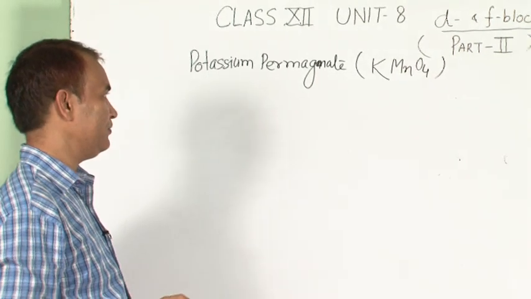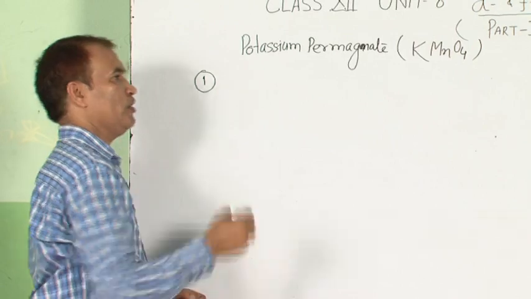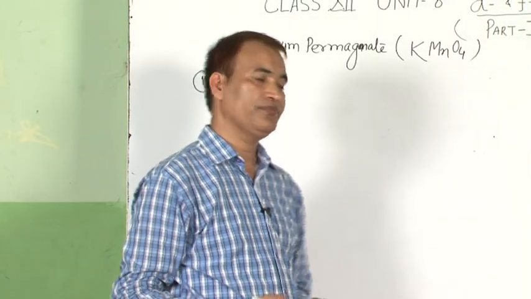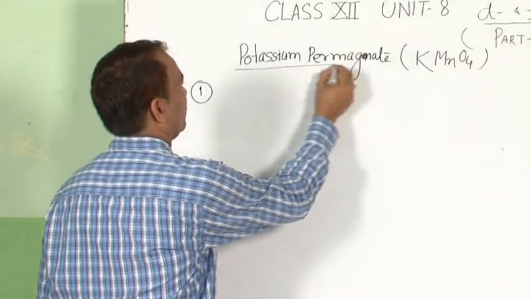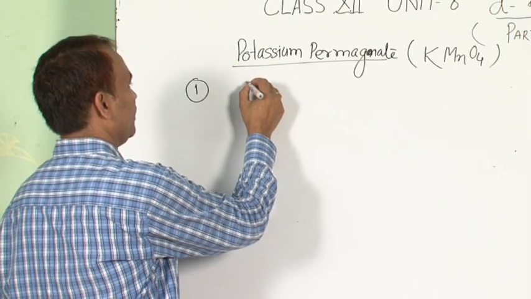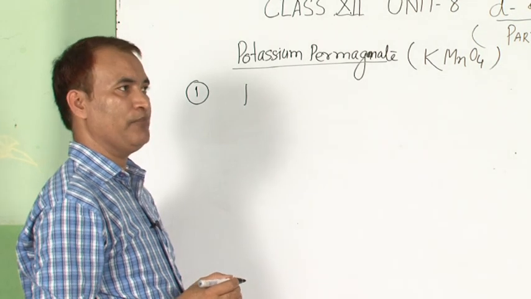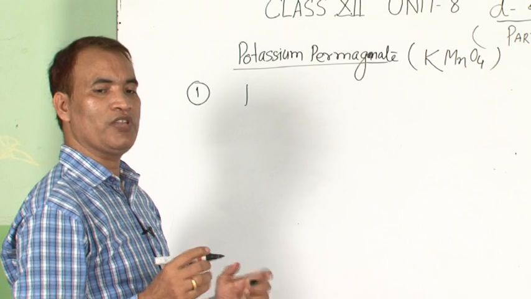How is it prepared? There are two methods. First, by fusion with the alkali metal hydroxide in presence of air. The manganese dioxide is fused with potassium hydroxide in presence of KNO3 to produce oxygen.